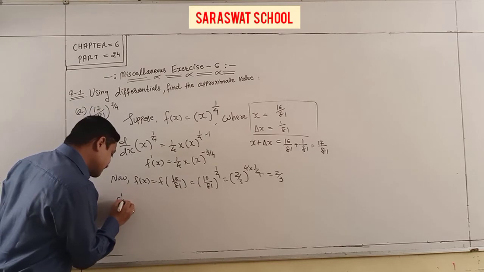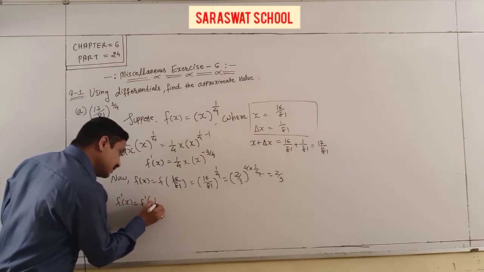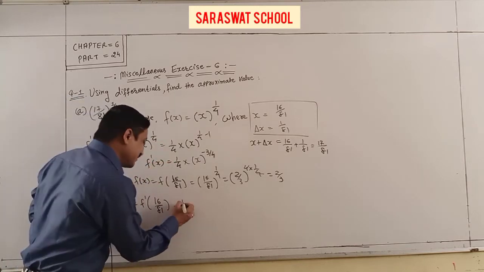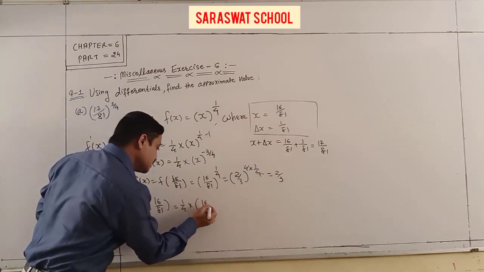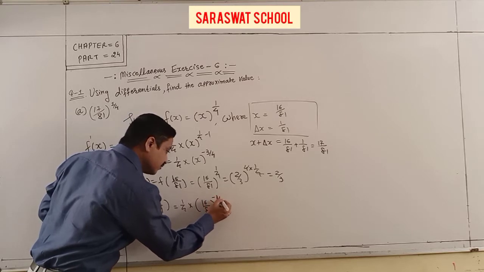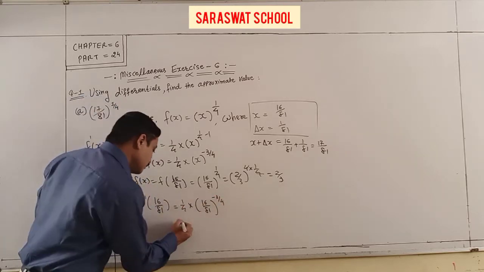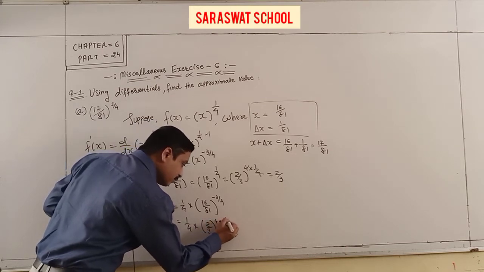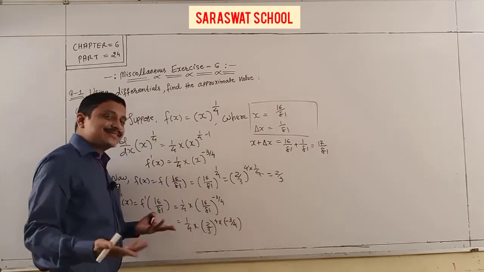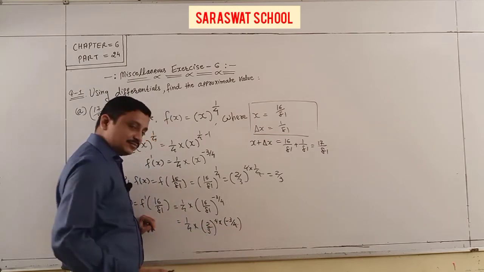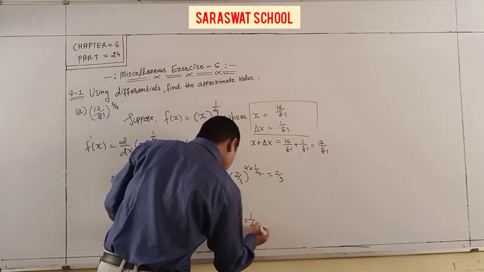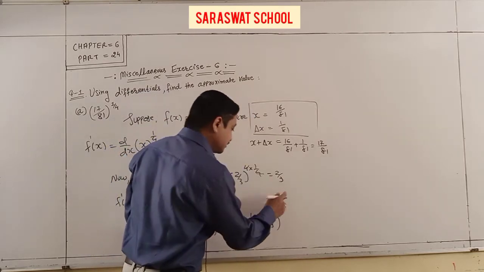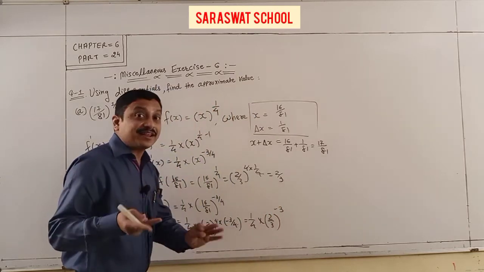Now f'(x), f'(16/81), and that also applies in the f'(x). 1/4 times (16/81) raised to minus 3/4. So 1/4 here, (2/3) raised to the power 4, and the minus 3/4 is again the same. The 4s cancel. Otherwise I have 1/4 (2/3) raised to minus 3, and now I rearrange.